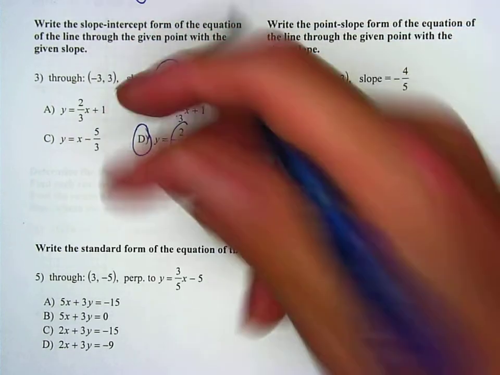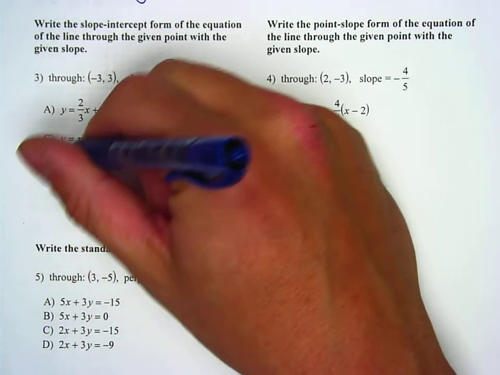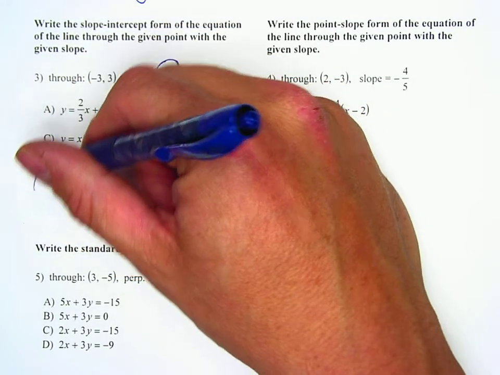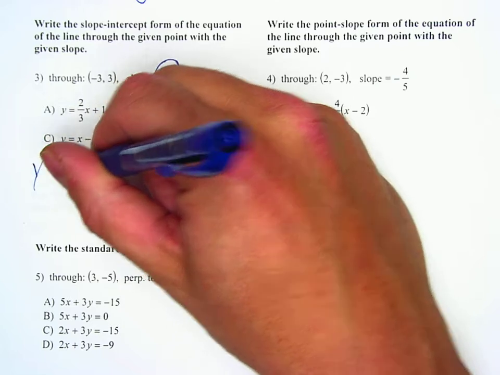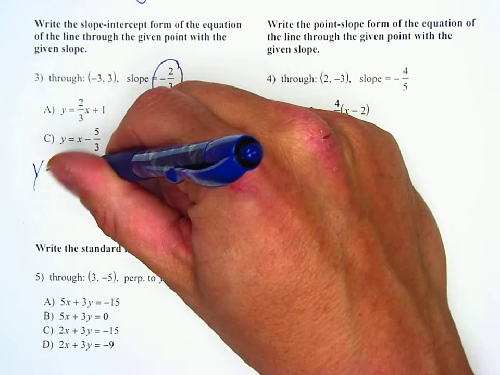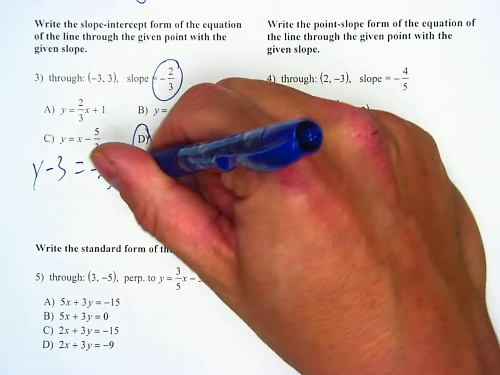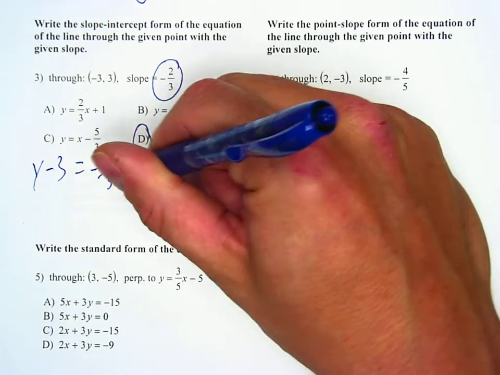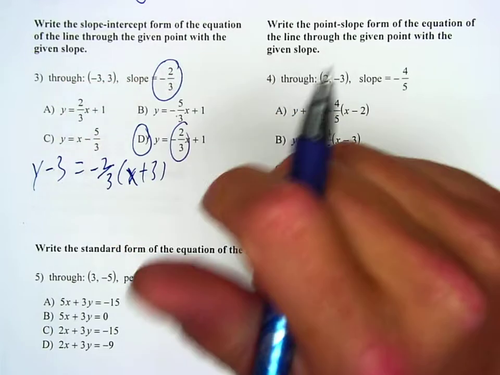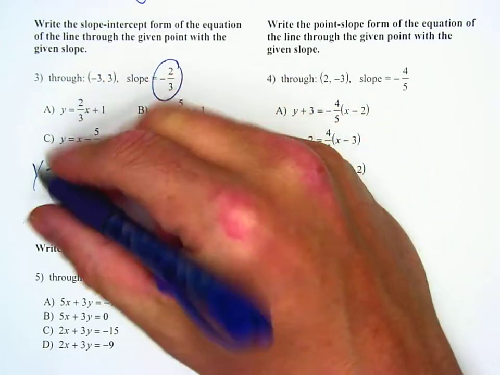Now if I happen to set this up correctly where you have to actually do some work, you would have to set it up y minus the y value equals m times the quantity x minus the x value. And then you'd have to find out what the y-intercept would be. So if I had two of these with the same slope, this is what you would do.